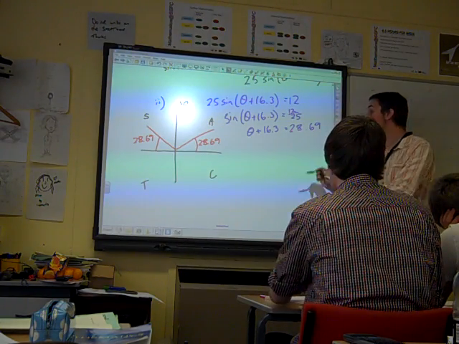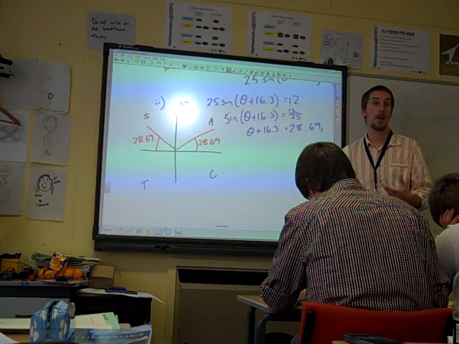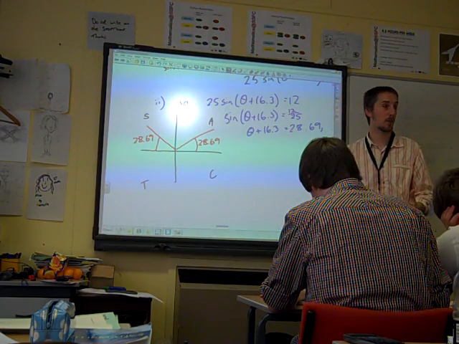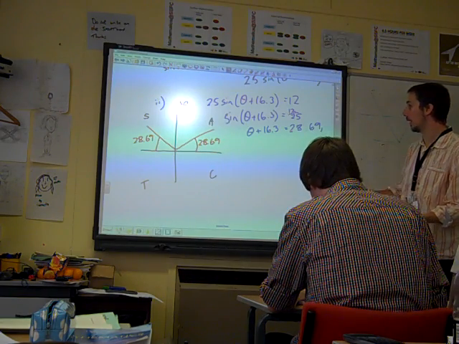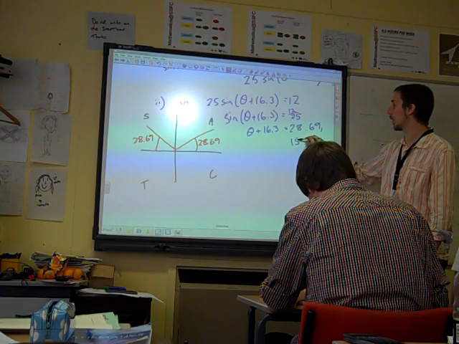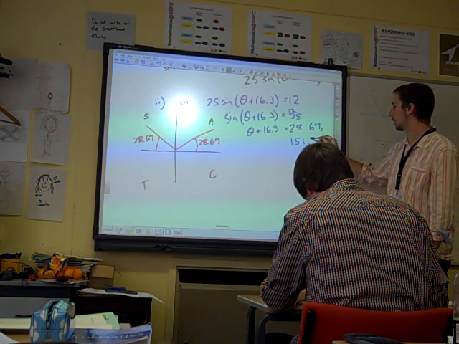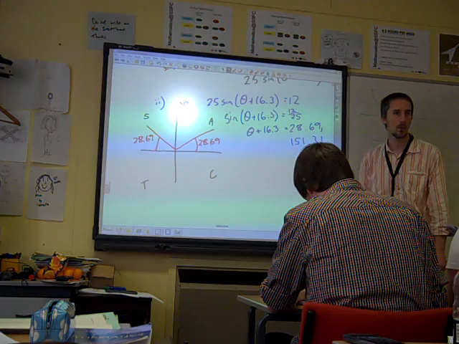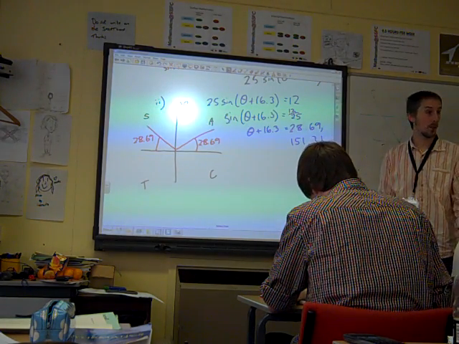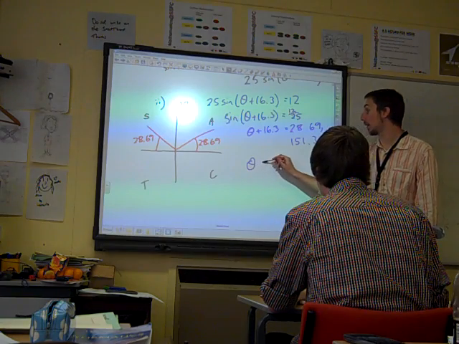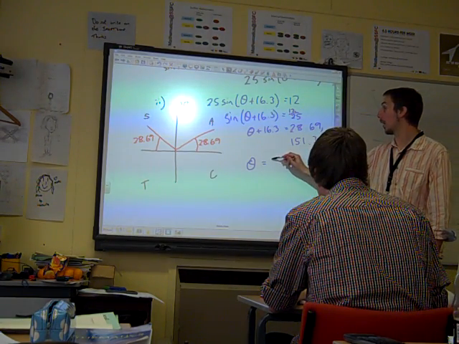As we count round, we've got 28.69. The next angle we come to would be 28.69 less than 180, which is 151.3. And the question wanted us to find the values of theta between 0 and 360, so we've got the right two. We're going to take 16.3 away from each of these.